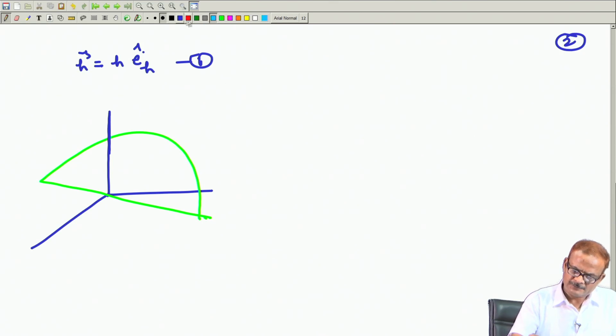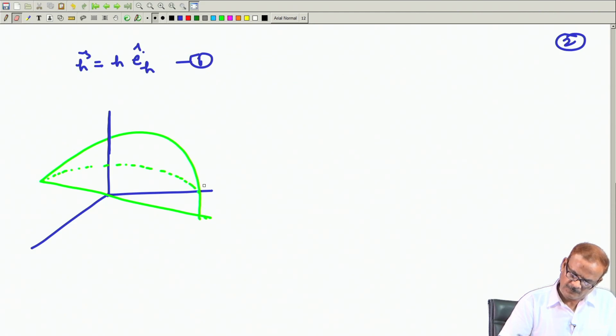The projection of this will show again by a dotted line. So, this is the projection of the orbit.